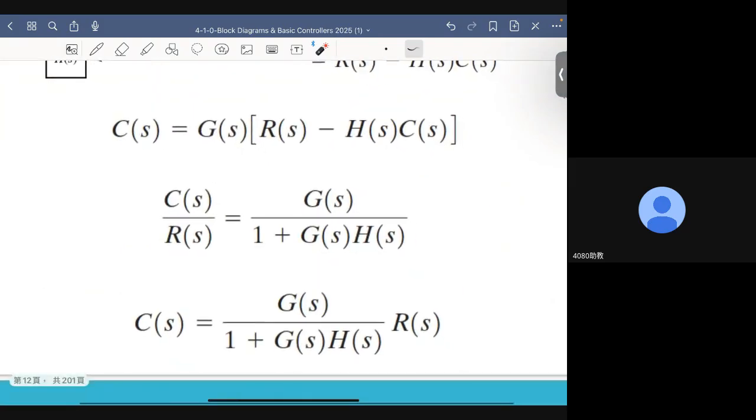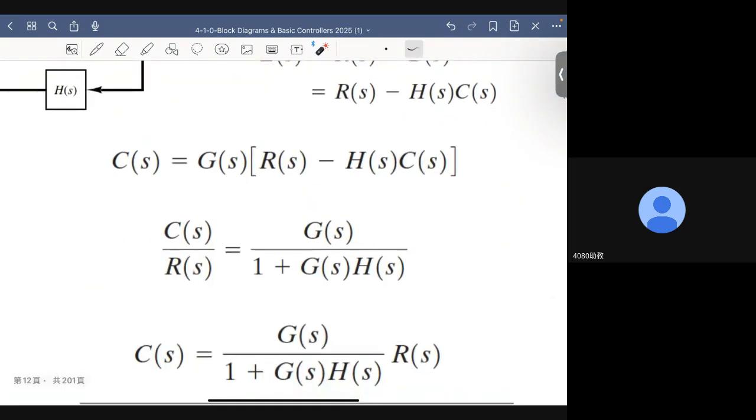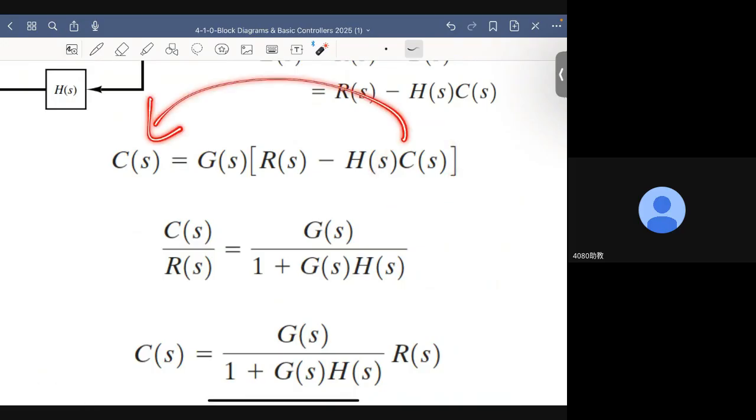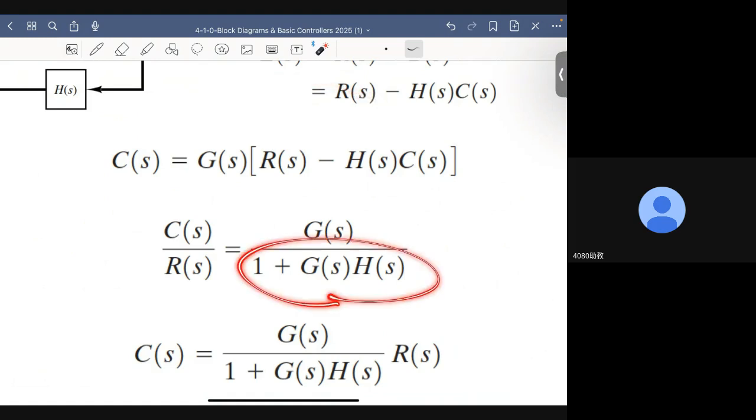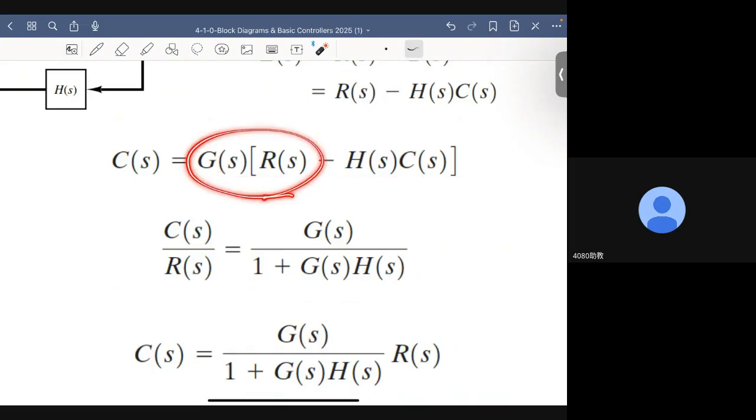So let's rearrange the terms. I put all the terms involving C on the left-hand side of the equality, and that will give us 1 plus GH times C, all right? And the remaining term on the right-hand side of the equality becomes nothing but G times R, okay?